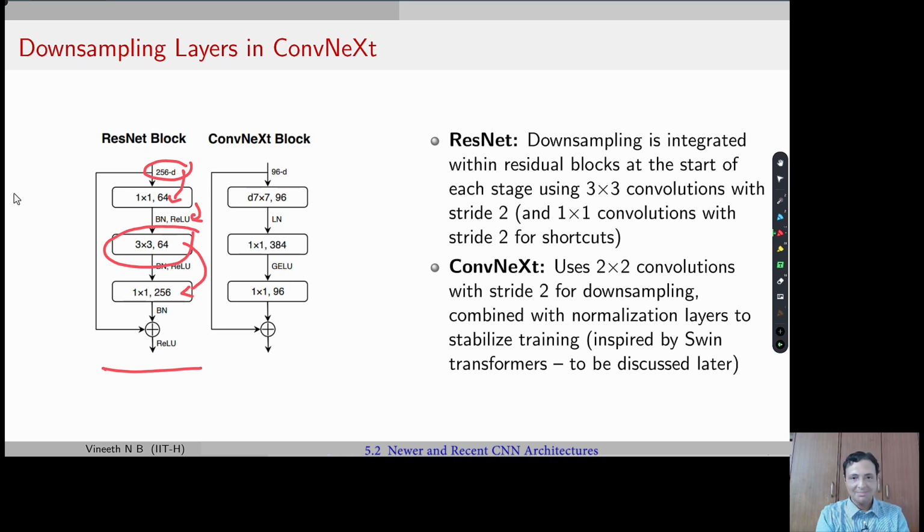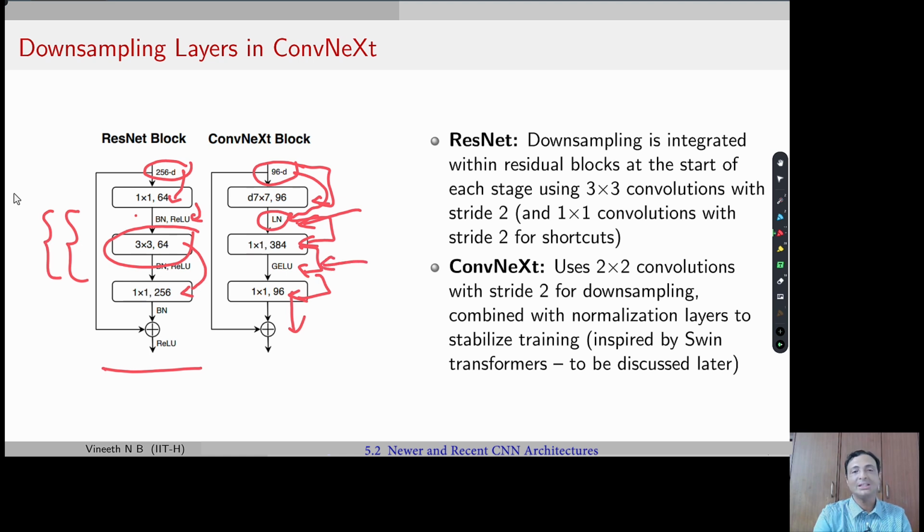Instead, ConvNeXt, assimilating whatever we spoke so far, begins with a depthwise separable convolution, starting with 96 dimensions, staying with the same dimension, then uses layer normalization, then upsamples to 384 dimensions using 1x1 bottleneck convolution, then applies the GELU activation, then downsamples to 96 dimensions before producing the output of that block. Note here that the batch normalization is replaced by layer normalization, and two batch normalizations are replaced by just one layer normalization, and two ReLUs are replaced just by one GELU.